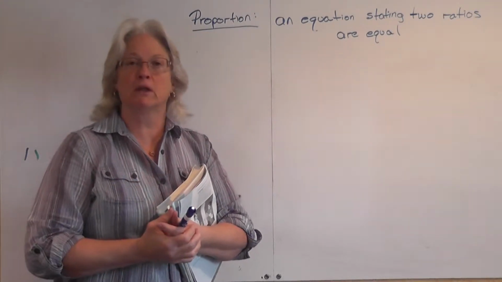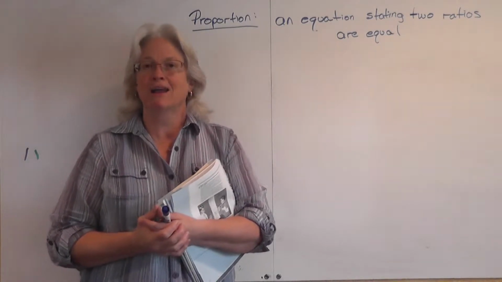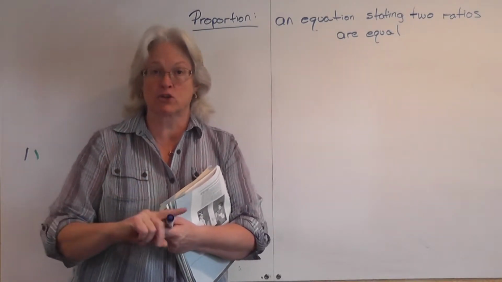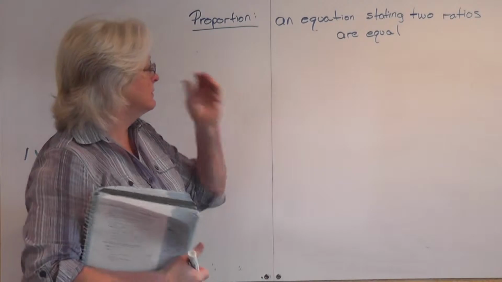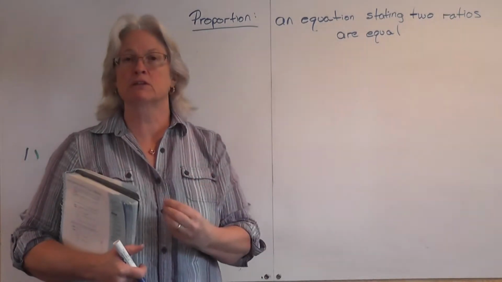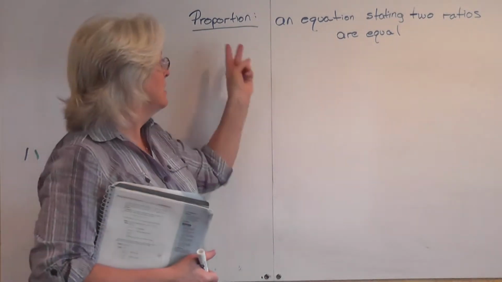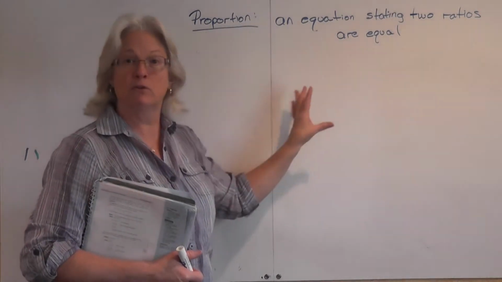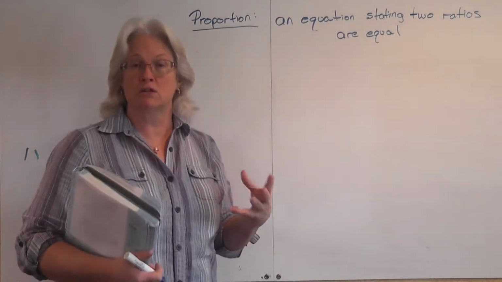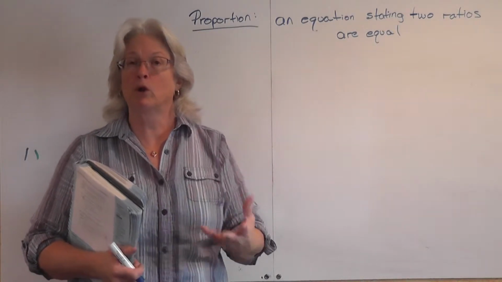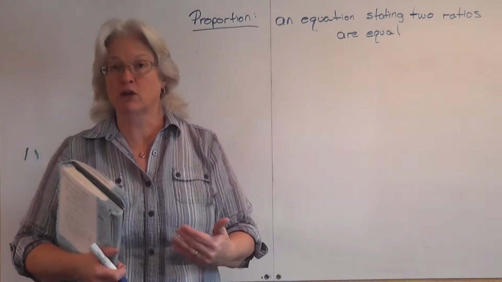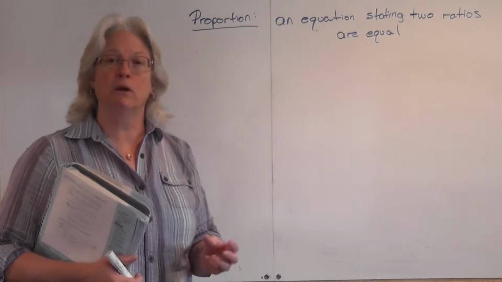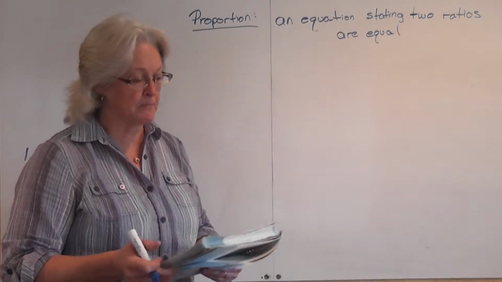Those ratios can be expressed as fractions, and a proportion is simply an equation that says two fractions are equal. We use this all of the time when we were learning how to write equivalent fractions. What we were actually doing was setting up a proportion.